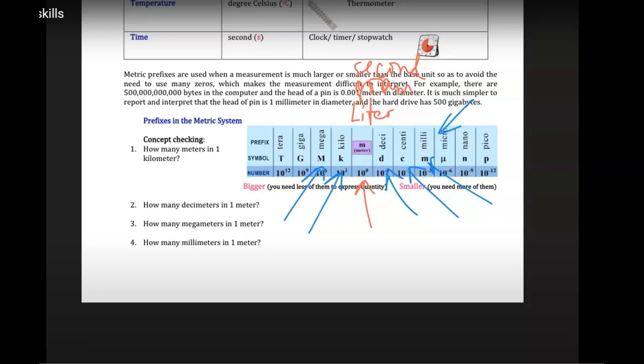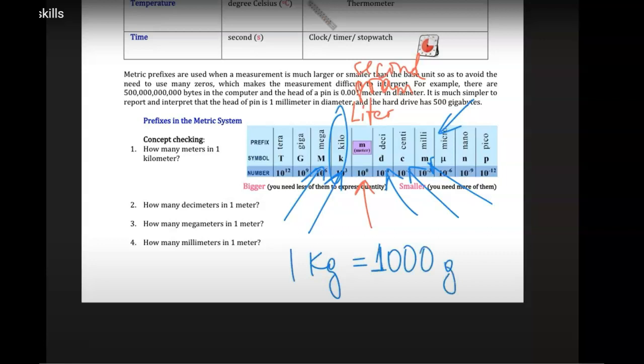So instead, what you are going to do is apply the prefix kilo to the base unit of mass, the gram. Kilo means 1,000 times greater. So 1,000 times greater than a standard unit. So 1 kilogram equals 1,000 grams, right?